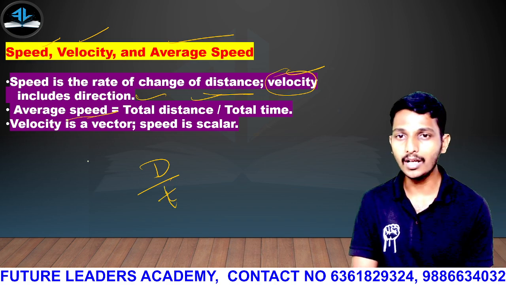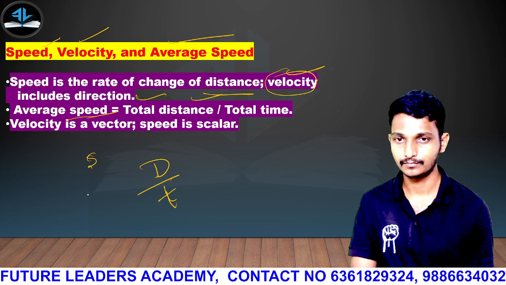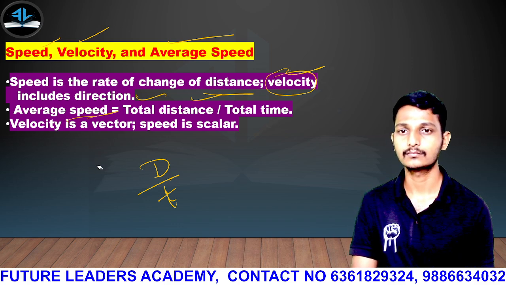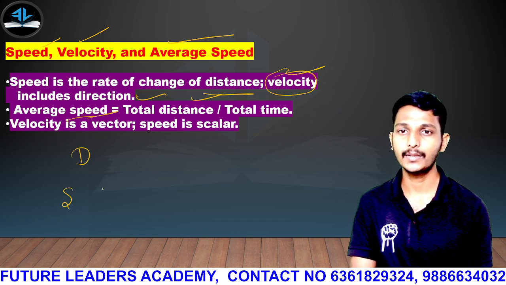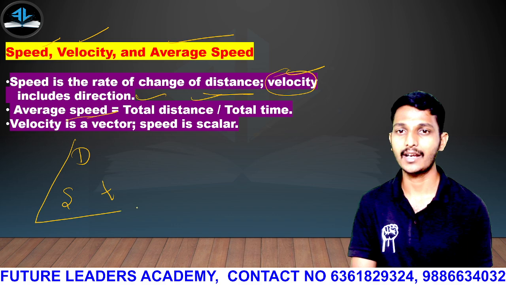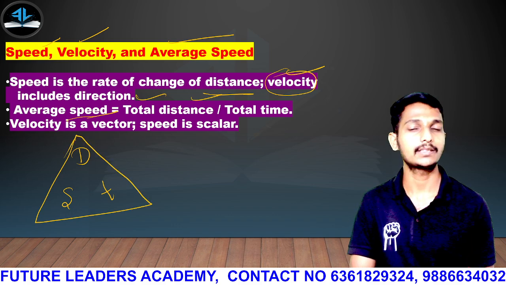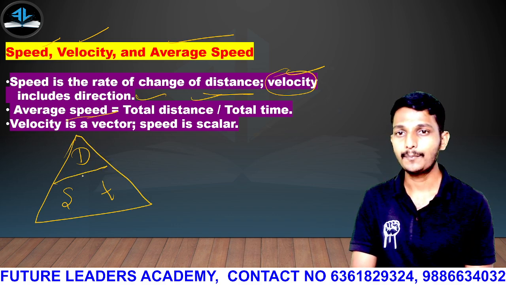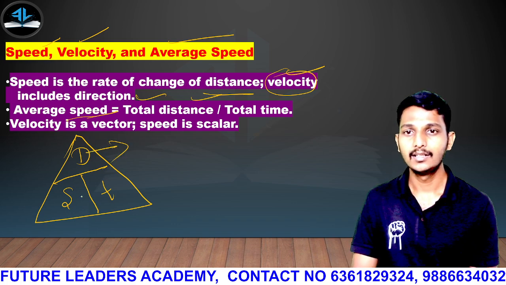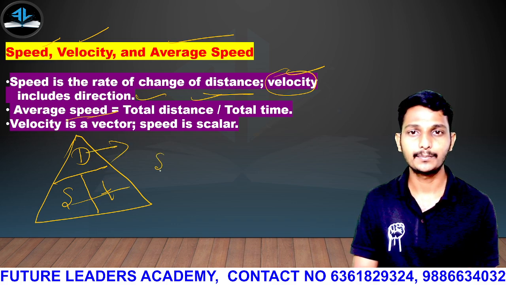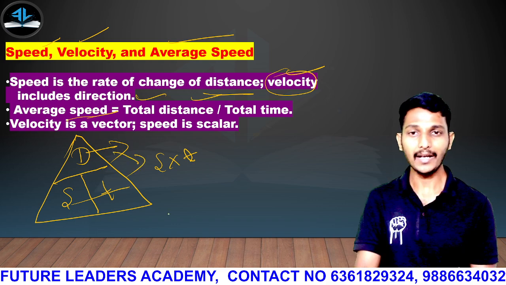I will give you one formula to make you understand distance, speed, and time. Make a triangle to remember. If I ask for the total distance, then it is speed into time.